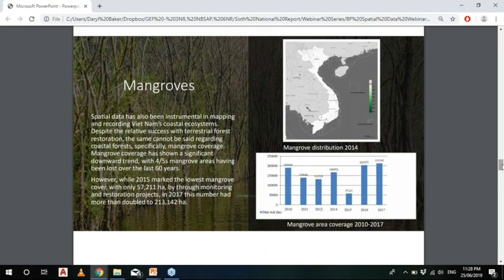So the mangrove area has been stable and has increased, and it's stable at the moment. The aim is the enrichment of these existing mangroves. We also have spatial data on mangrove forests.